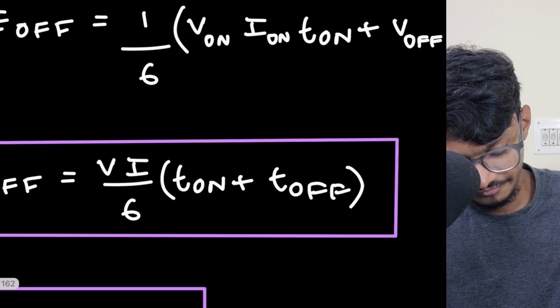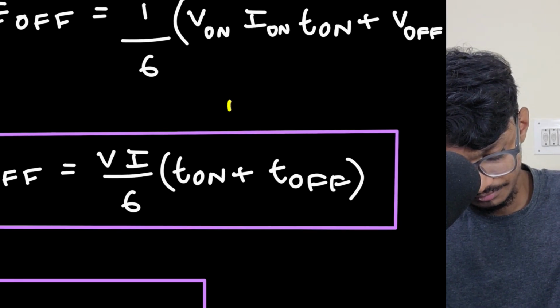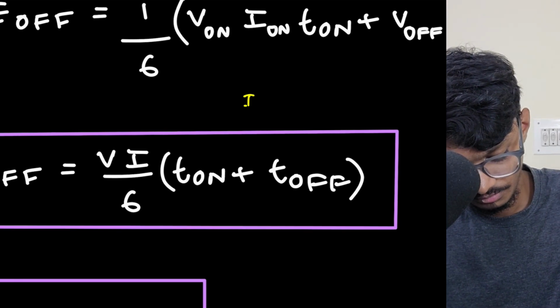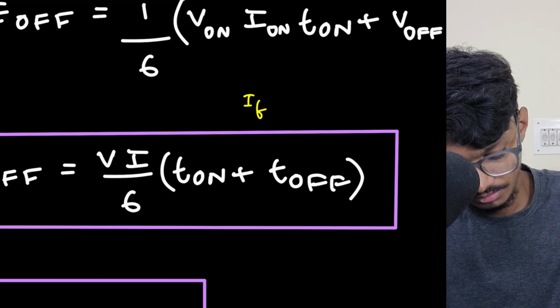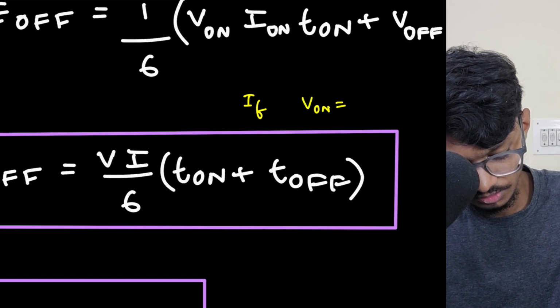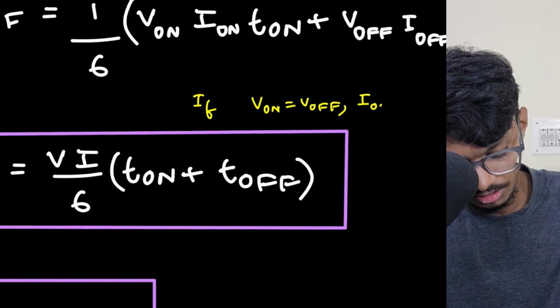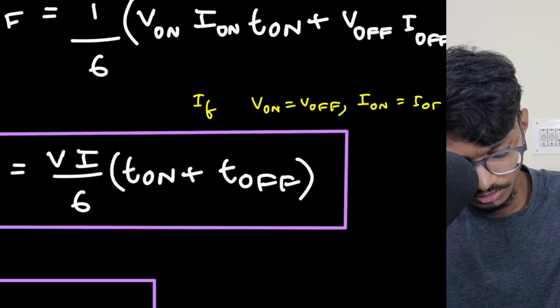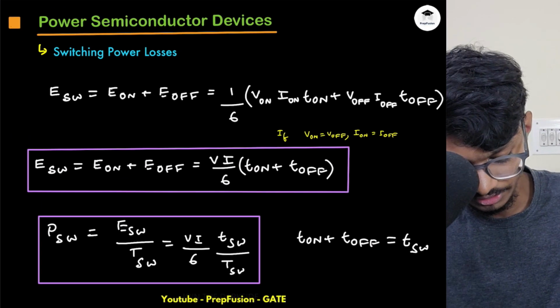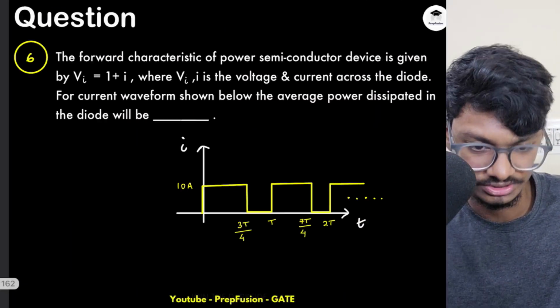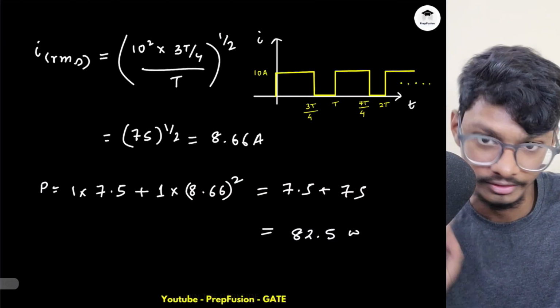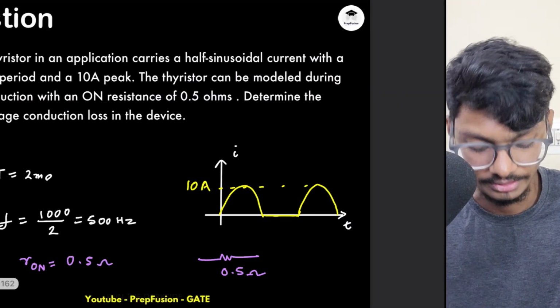So if V on equals V off and I on equals I off, the formula becomes somewhat like this. And in our case, in the last case it was same, but if it wasn't same, we have to use the generalized formula just written now.